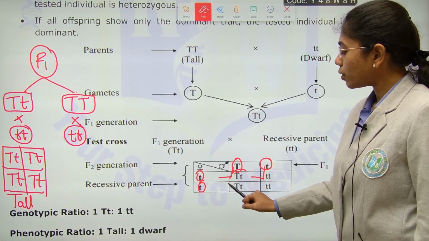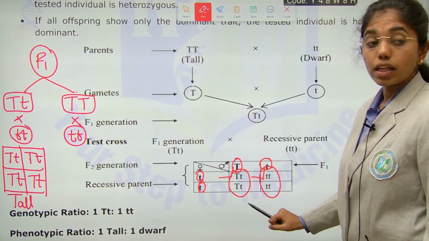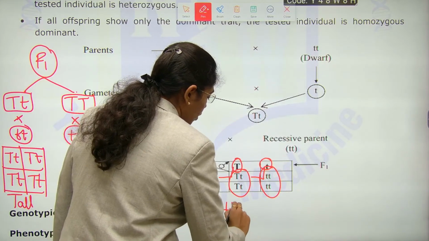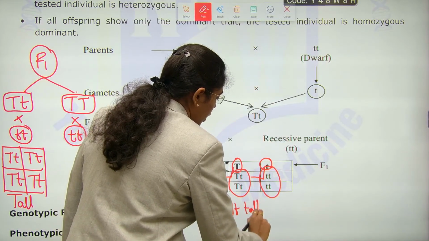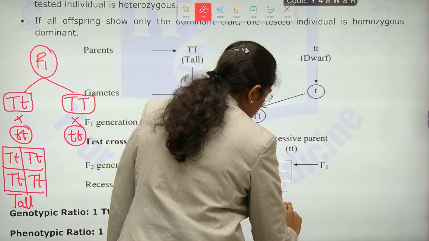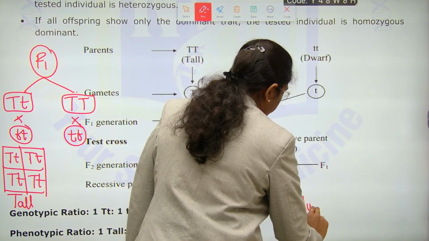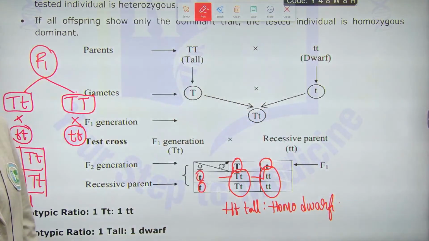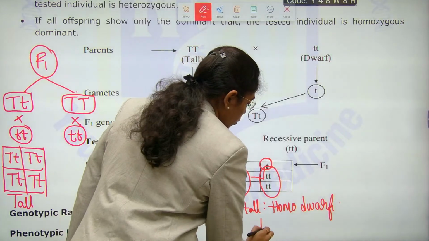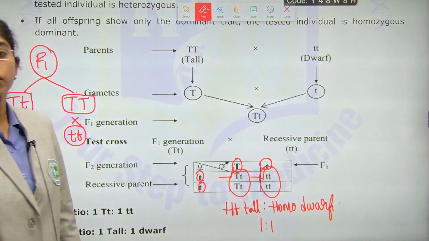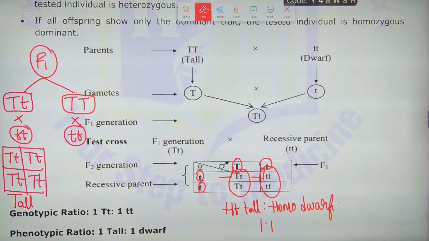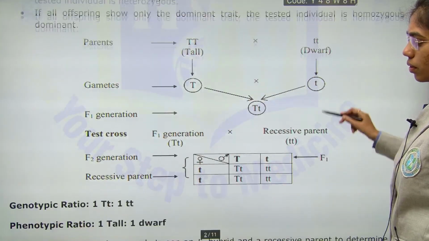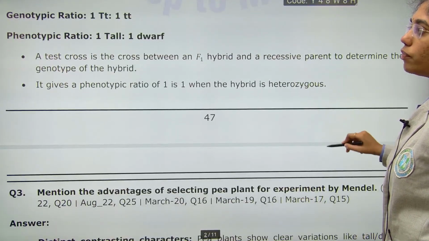So you will get a 1:1 ratio: heterozygous tall to homozygous dwarf, which is completely a 1:1 ratio. Clear? Fine. This is the genotypic and phenotypic ratio.